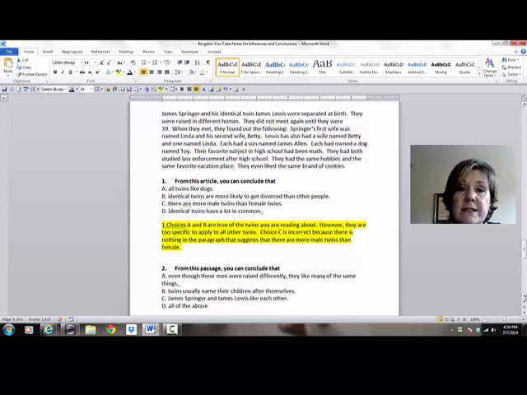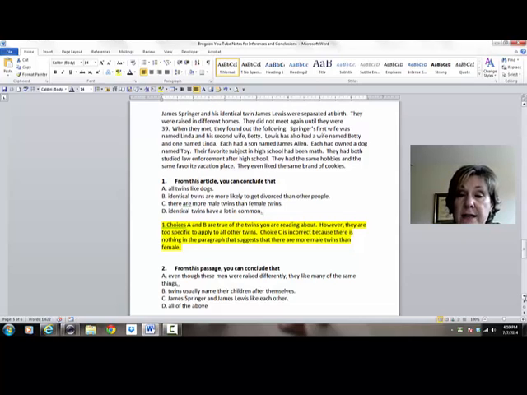James Springer and his identical twin James Lewis were separated at birth. They were raised in different homes. They did not meet again until they were 39. When they met, they found out the following. Springer's first wife was named Linda, and his second wife Betty.